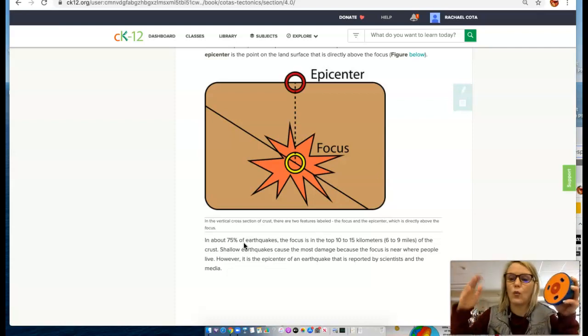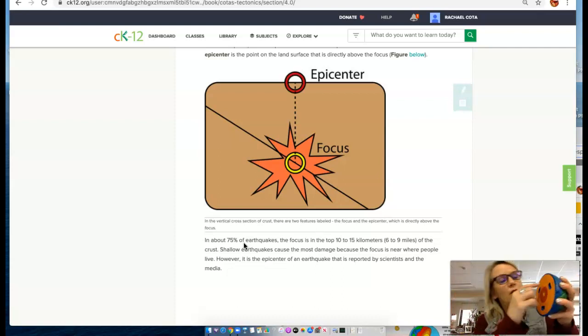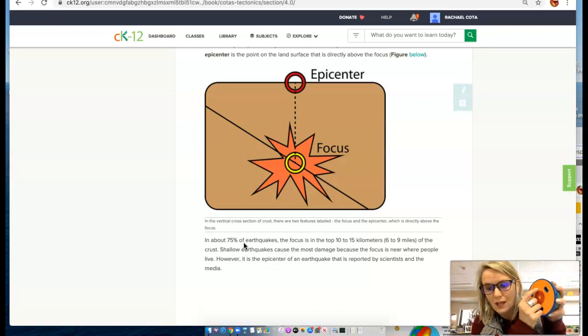Now, just like waves as they move across a pool of water, they lose their energy the further they get from the initial disturbance of me tapping the water. Okay, so if seismic waves are moving throughout the earth, wherever is closest at the surface of the earth to that original break in the rock is going to receive the most damage or the most shaking. Okay?